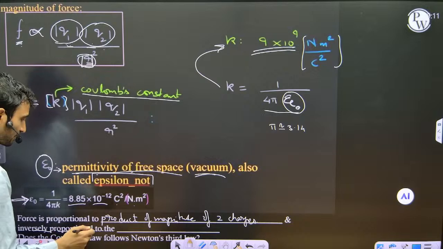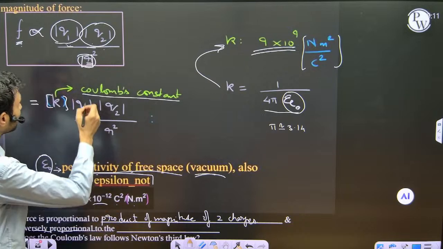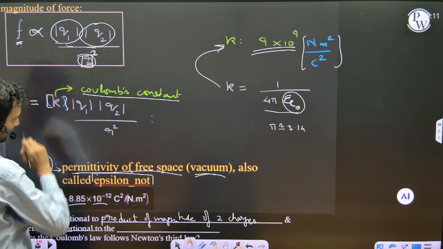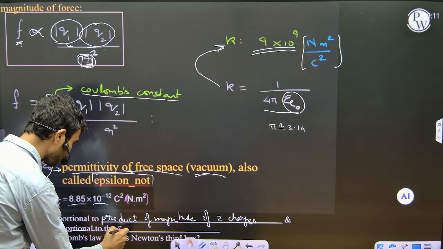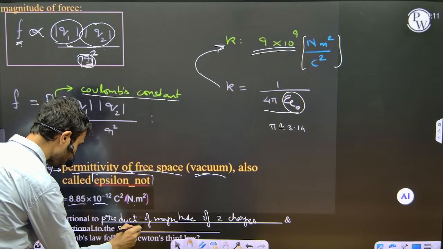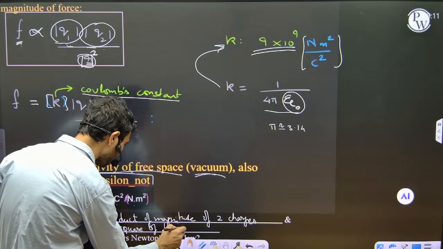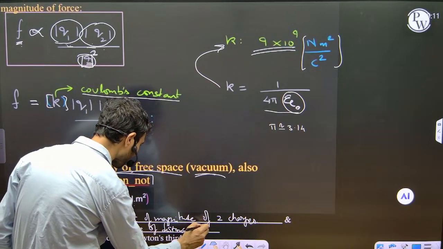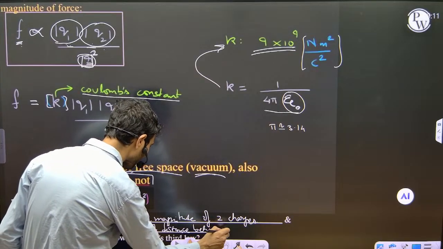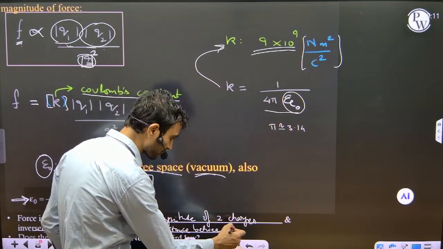To the distance. And is it really distance? No, square of distance. So inversely proportional to the square of distance between charges.